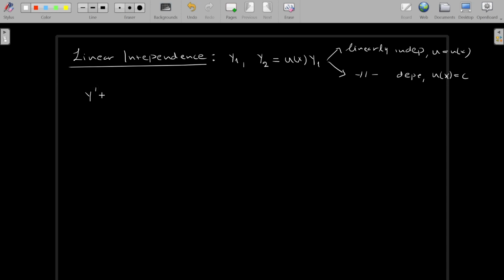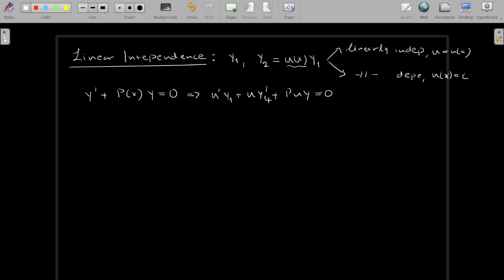y prime plus p of x y is equal to 0, and go ahead and plug this in, assuming that u depends on x, and let's do that. You get u prime y1 plus u y1 prime plus p u y1 equal to 0.